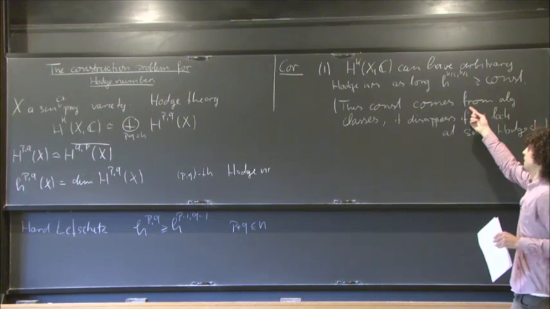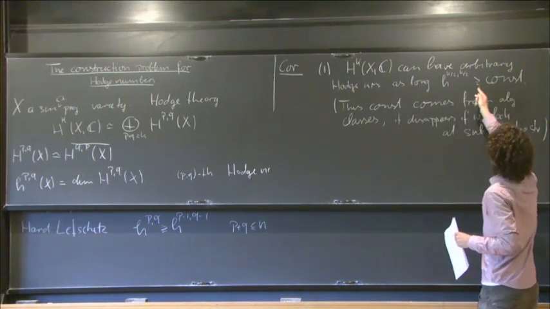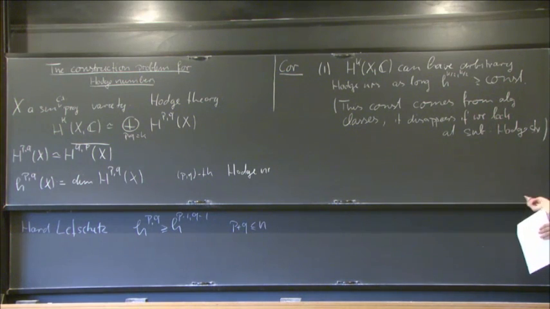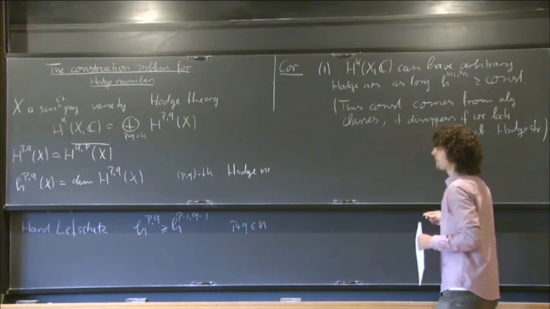Okay, so there's always the hyperplane class, so it's clear that this number has to be larger or equal than 1, but I don't know whether these constants are optimal. Probably they are not.